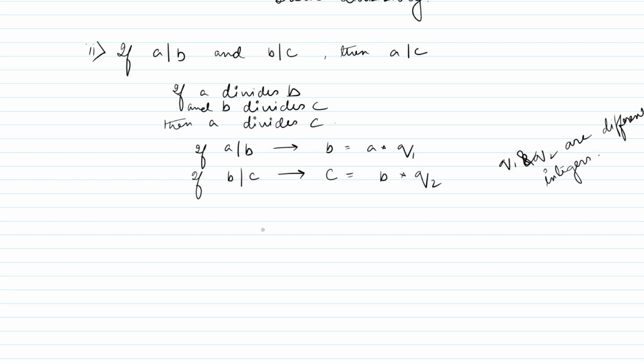From here we can say, substituting B over here, C equals A into Q1 into Q2. Therefore, C equals A into Q1Q2, correct.